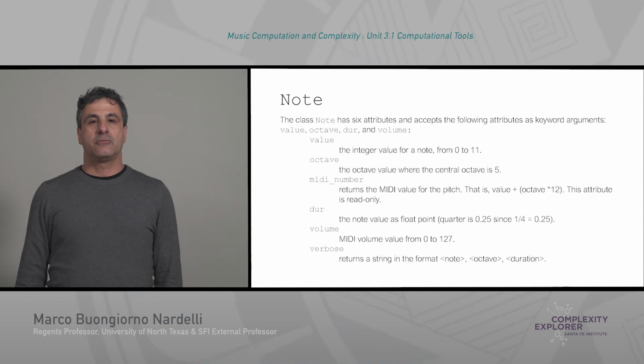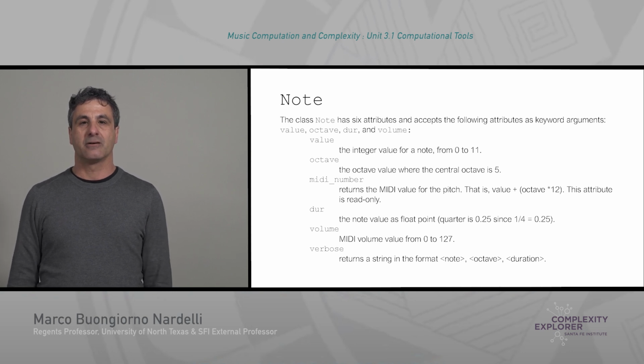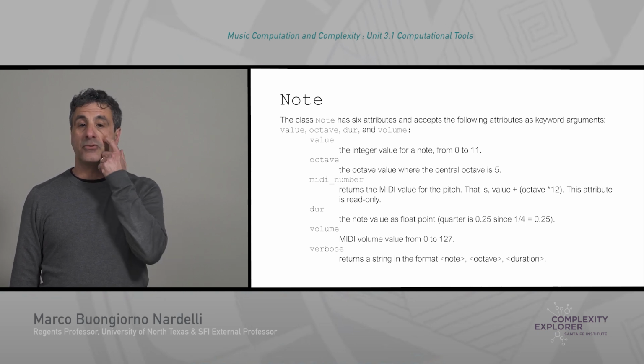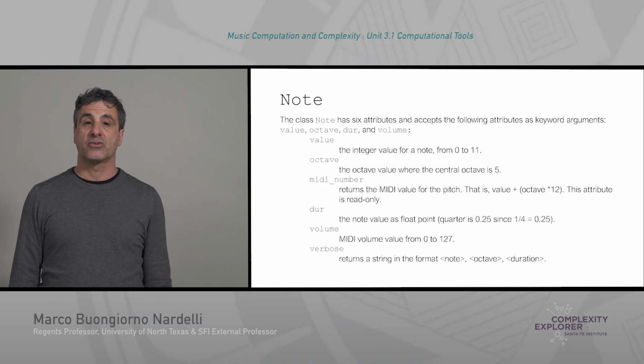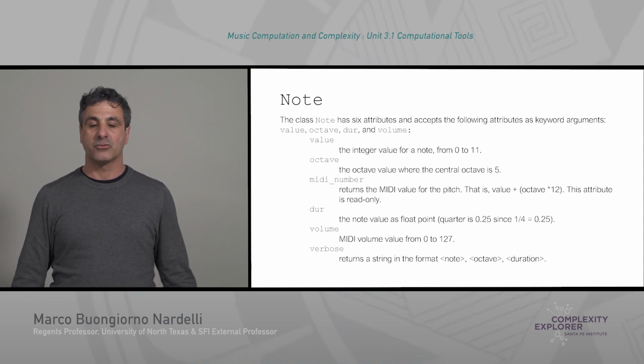The next class that I want to discuss is Note. It is the object that has more attributes and keywords than the other 2, and is clearly central to the definition of objects in a computational sense. The class Note has 6 attributes, and some of these are keyword arguments, so they help us specify that note in terms of pitch, duration, and volume, the amplitude of the sound.